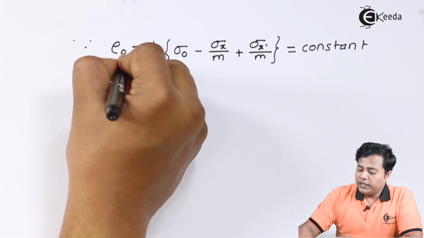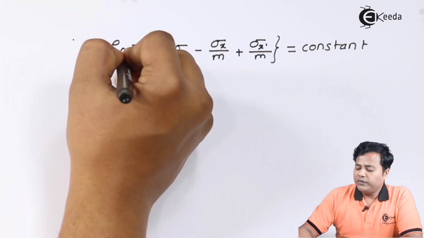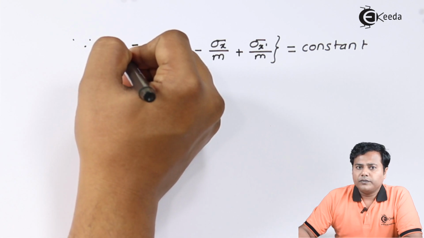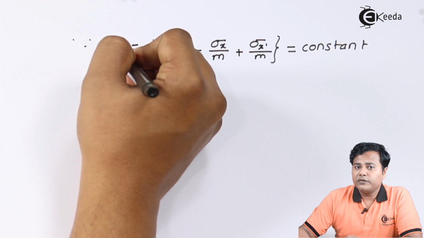Now, naught is just any one direction. It can be X, Y, Z, but we have denoted it with naught. Fine. So with this equation, we are going to derive Lamy's equation further.